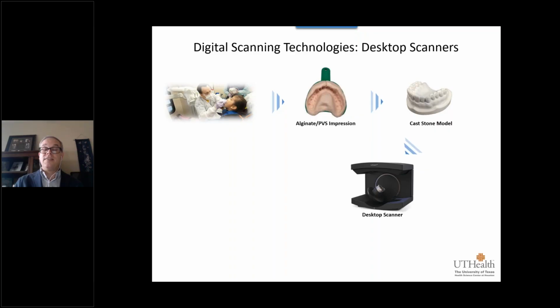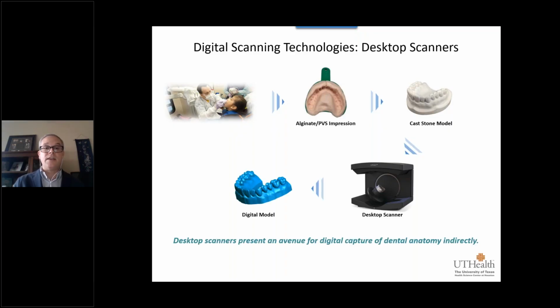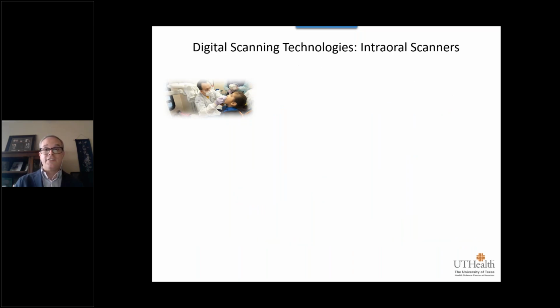That stone model can then be placed in a desktop scanner, such as we see on this slide, that uses light to register the surface of that model, and that results in a digital rendering of the dental anatomy of the patient. That digital rendering can then be used in software to allow for digital manipulation of the positions of the teeth, as opposed to the physical manipulation of the positions of the teeth in the model as Dr. Kessling had done in the last century.